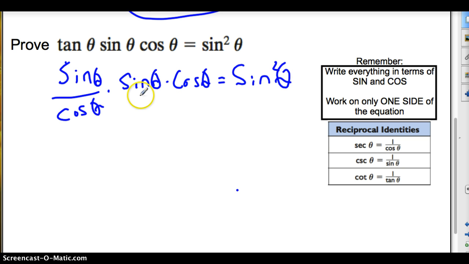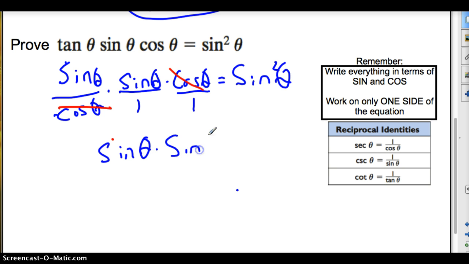Now, how can I prove this? Well, whenever we have fractions, we like to drop these ones under them, right, to keep everything constant. And since this is all multiplication, I can cancel out these cosines. So this cosine and this cosine cancel out. So that leaves me with sine theta times sine theta, equals sine squared theta.